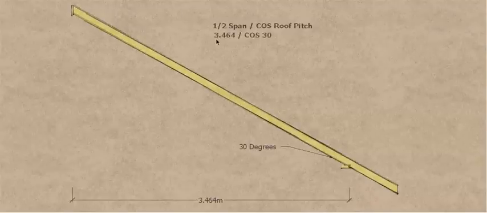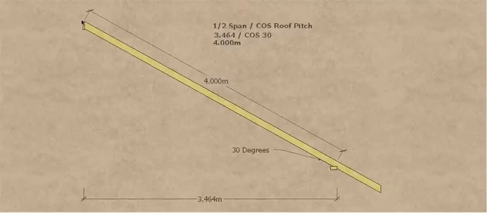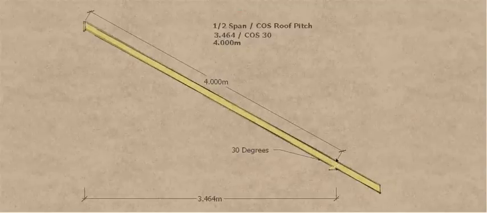So 3 meters 464 divided by cos 30 will give you, rounded up, 4 meters. So that's 4 meters from the center of the ridge at the top of the roof down to a point that is in line with and plumb up from the back of the plate.